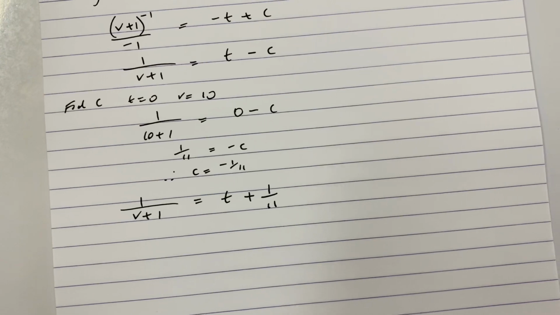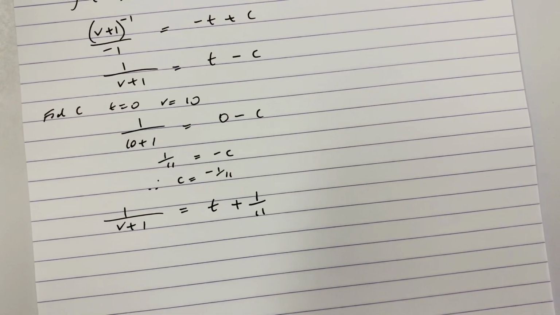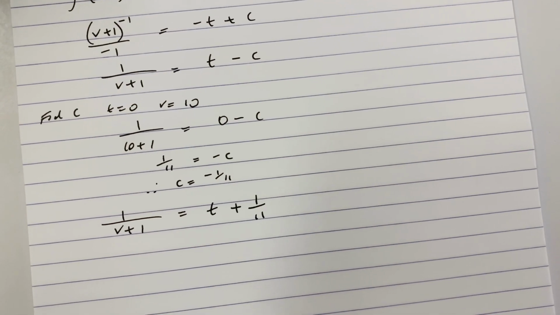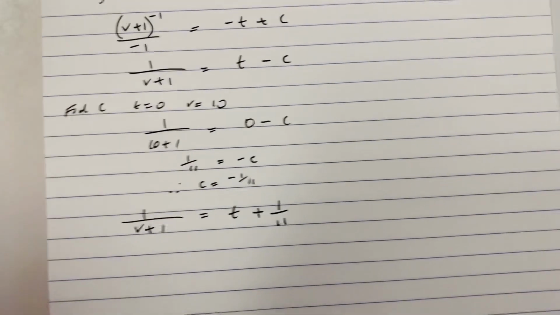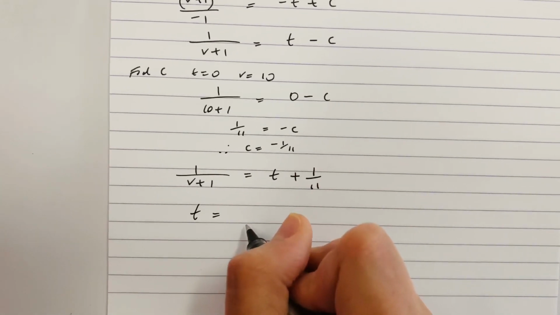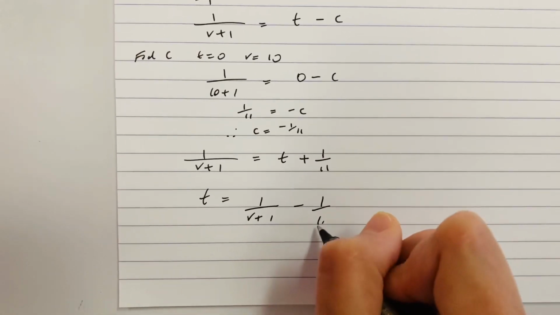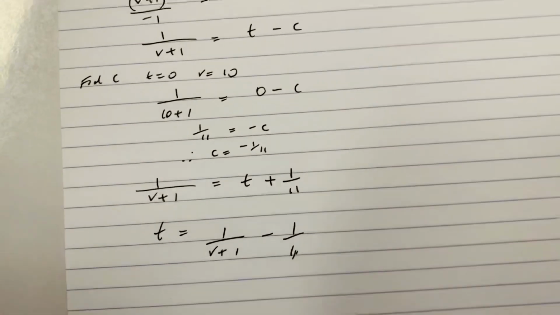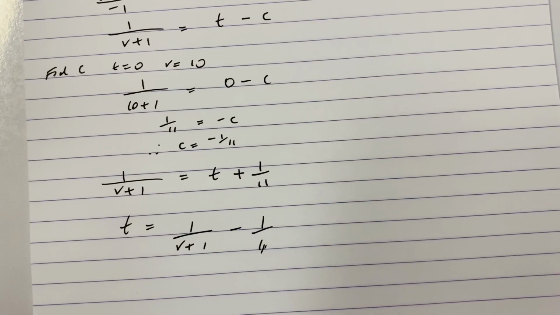How best would I proceed if I wish to rearrange this so that it was v equals? Now, of course, I could leave it, and the textbook is quite happy with this arrangement. It's an expression for velocity with t.